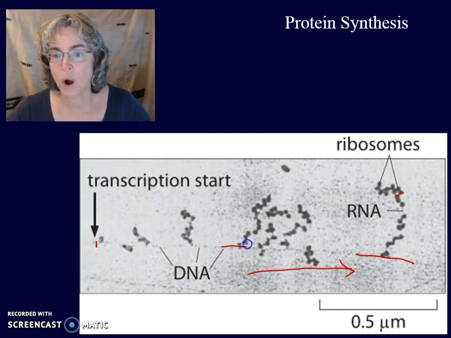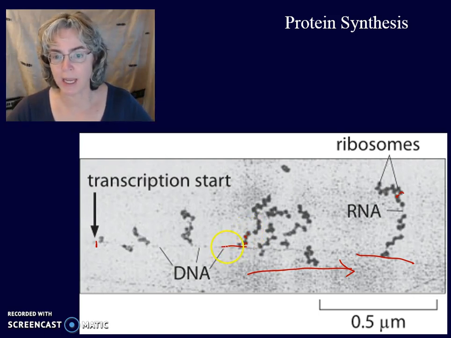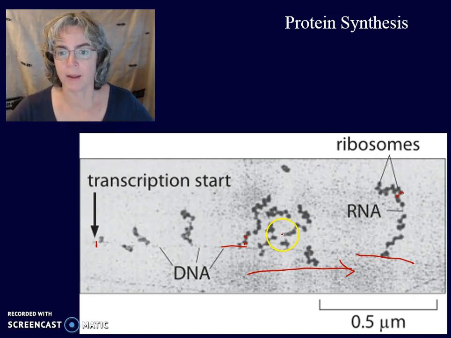These are all ribosomes that have hooked on to our RNA molecules and are making proteins right away. Even as our RNA polymerase is going along transcribing, the ribosomes start right away making the proteins.